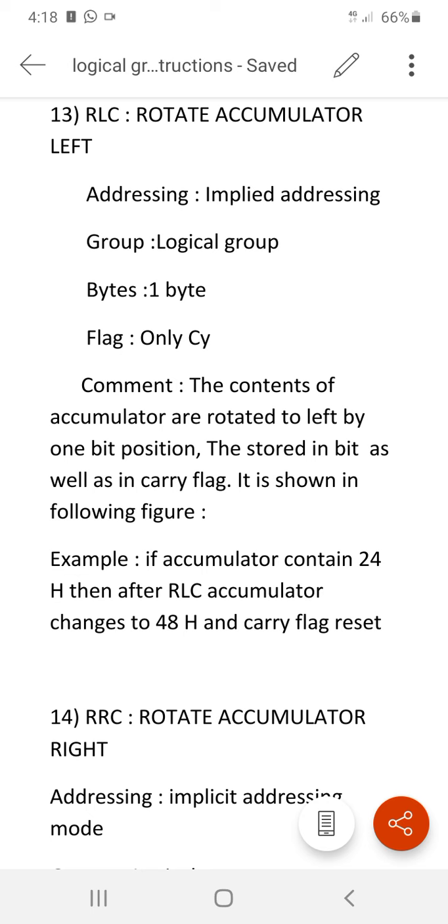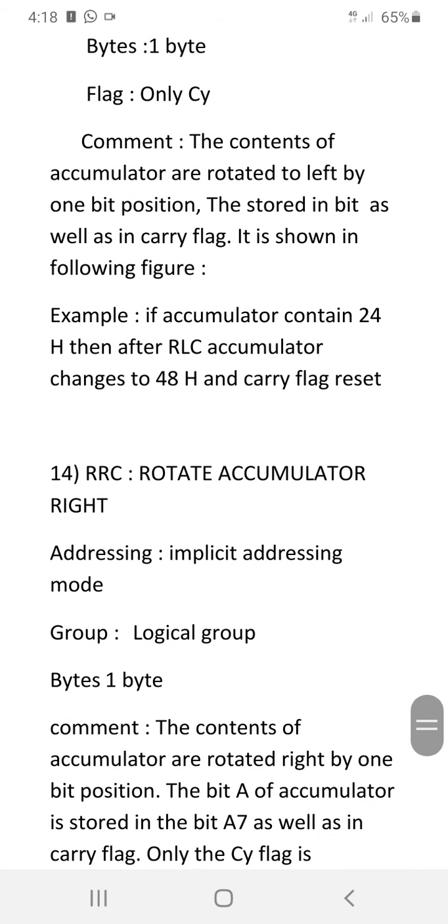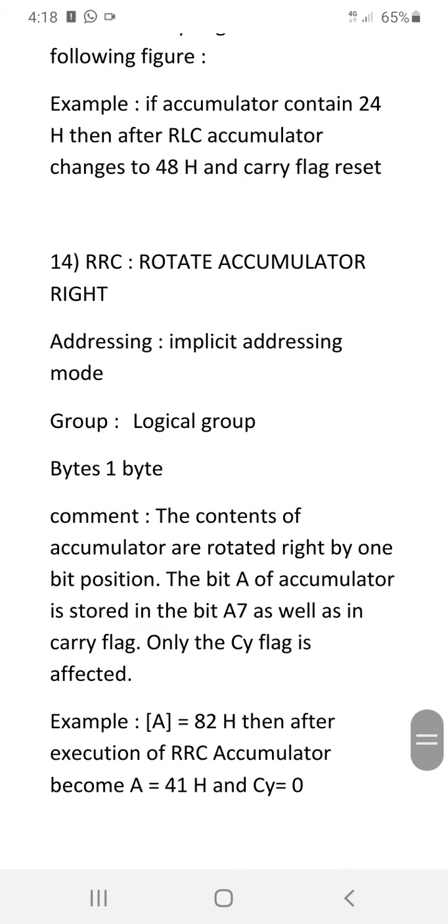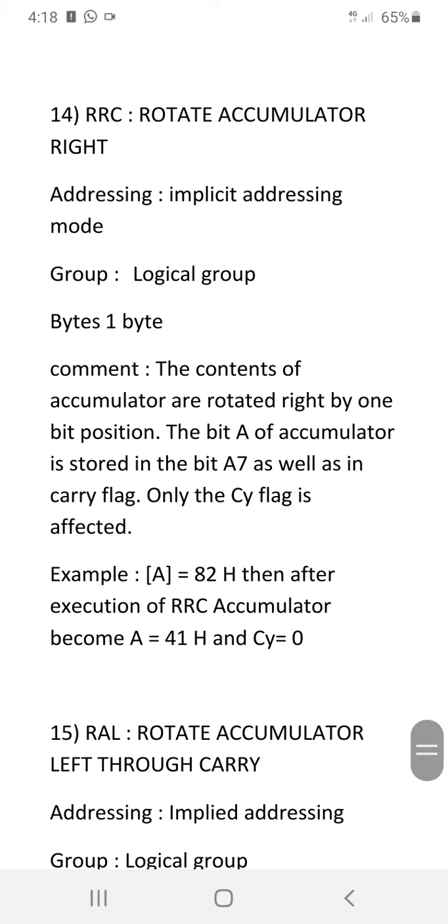For example, if the accumulator contains 24 hex, then after RLC it changes to 48 hex and the carry flag will be reset. In RRC, rotate accumulator right, what happens? We rotate the content of the accumulator right by one bit, so that bit A7 becomes A6, A6 becomes A5, A5 becomes A4, like that up to A0, that is A1 becomes A0, and the A0 bit will move to A7 as well as to the carry flag.